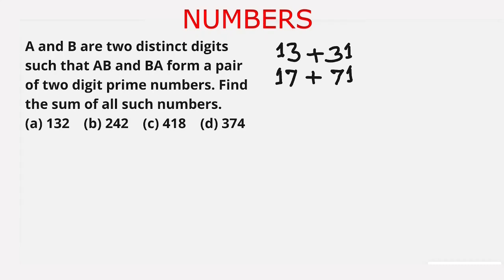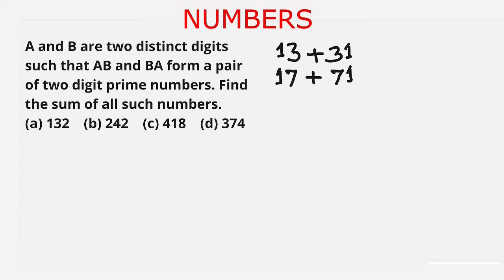After 23, the next prime number is 29, and 29 on reversing the digits becomes 92, which is an even number, so divisible by 2. So that pair is also not of our use. After 29, the next two-digit prime is 31, which we have already used.